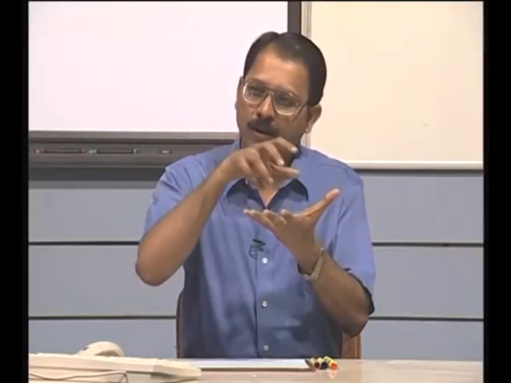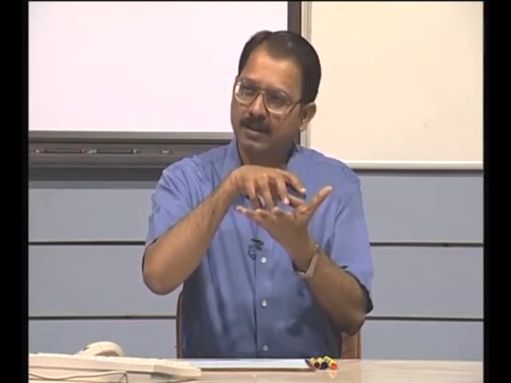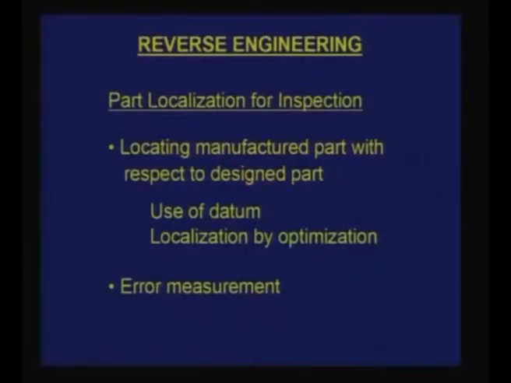The manufactured model is located with respect to the design part in space, such that the datum planes or datum directions or datum surfaces match. Once they match, you do the inspection and say how much is the deviation or error. But there are many situations where the datum cannot be obtained easily.